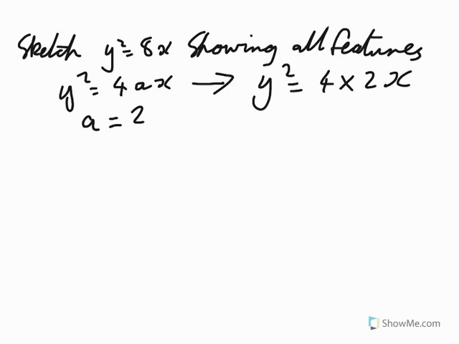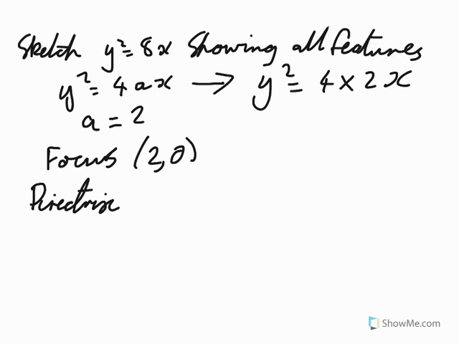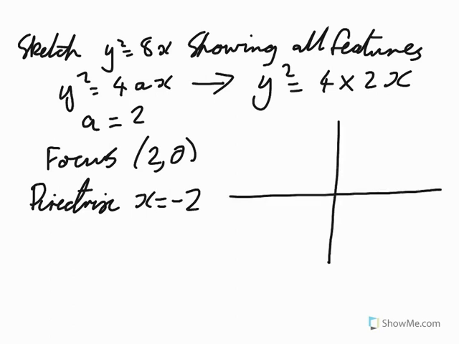So if a equals 2, then we have focus at a and 0, which is 2 and 0, and directrix at negative a, so x equals negative 2, and there's our information. Here's our focus at 2, 0.